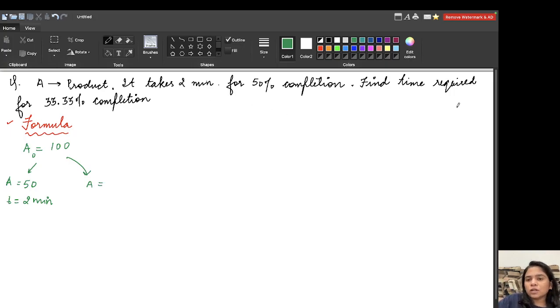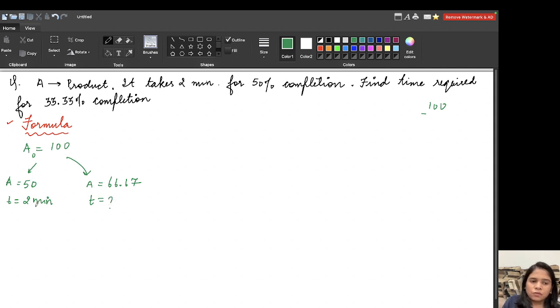It means you do 100 minus completion. So 100 minus 33.33, which is 66.67, and find the time required. We don't know the time.